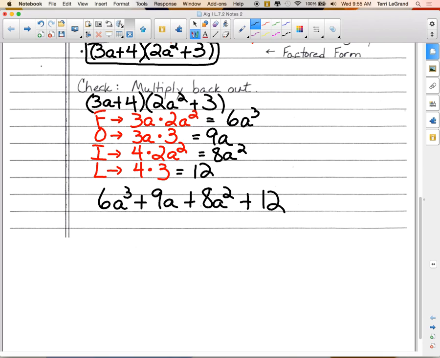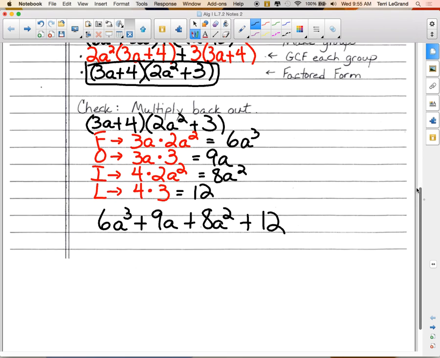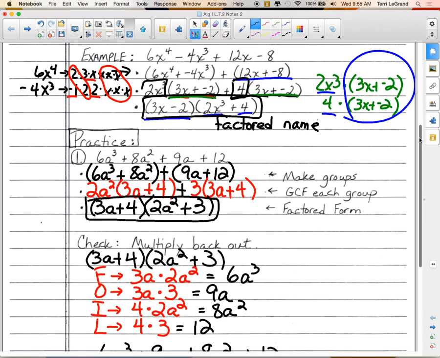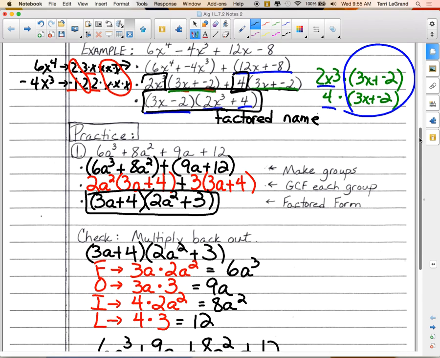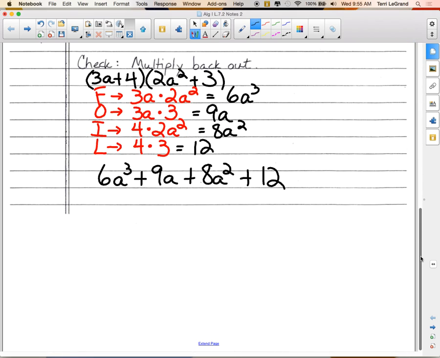Then we go check out, what was it that we were actually factoring in the very beginning? Well, I see that I have a cubed, a squared, a, and a constant. So right away I see that that's in standard form. So I'm going to rearrange mine to standard form so I can make a good comparison. Hopefully putting a polynomial in standard form by now is almost mindless.